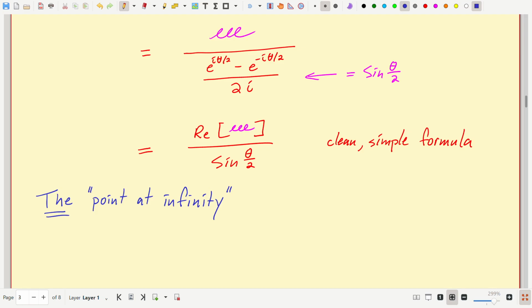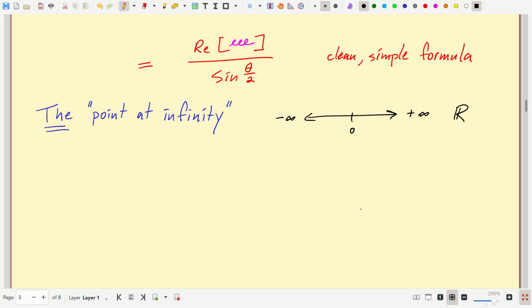I guess I'll put it in quotes at the moment. The point at infinity. So let's see, in the real numbers, we'd have a plus infinity sticking out that way and a minus infinity sticking out that way. Okay. In C, the feeling is going to be, here's C, the complex plane, the real axis, the imaginary axis. If you're going to point at the point at infinity, everywhere you point is pointing to the point at infinity.